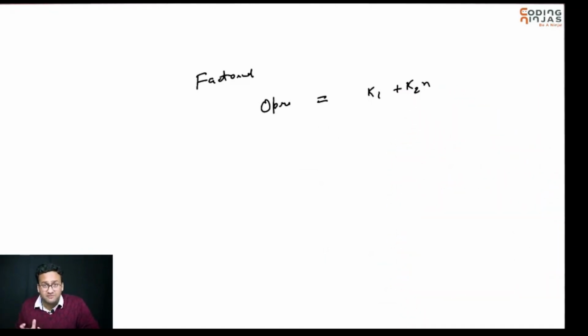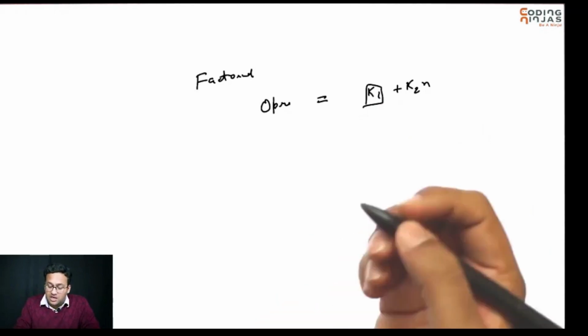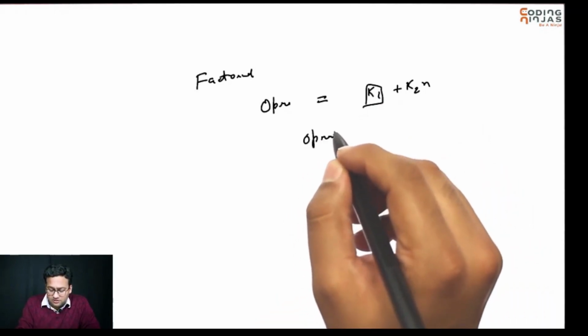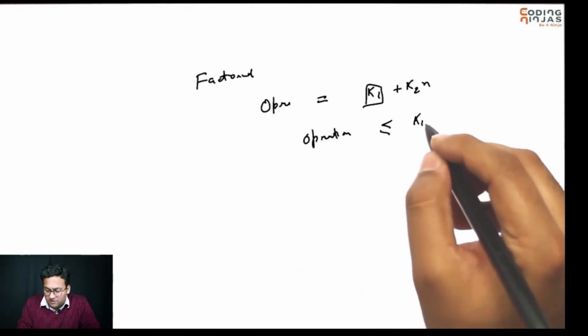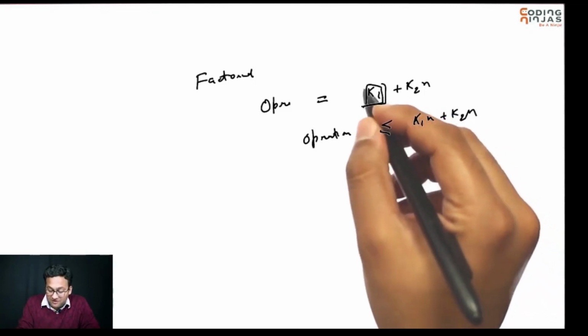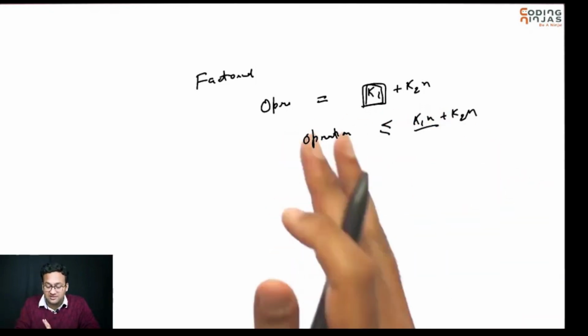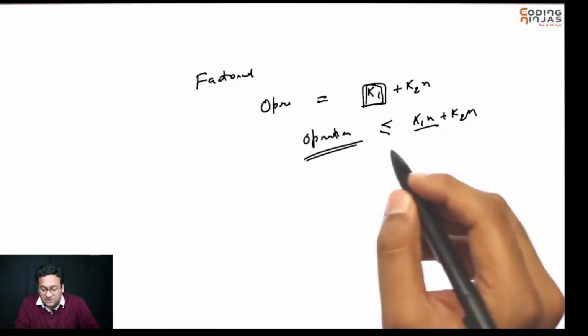So in a way, to make you a little more comfortable with getting rid of these terms, I can say number of operations are less than or equal to k1n plus k2n, right? A very high-handed approach: instead of k1 I made it k1n, and I am saying the number of operations required is less than this.